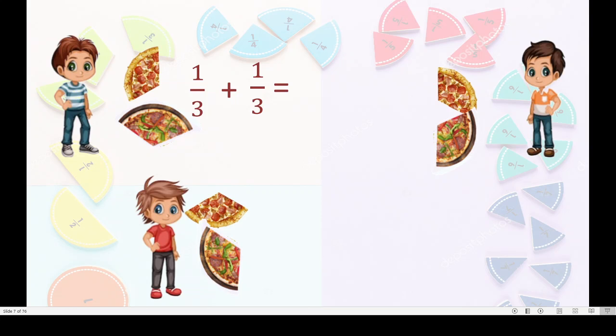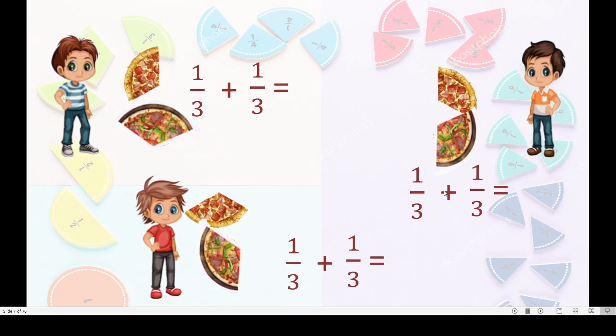Now they are satisfied because all 3 got the same portion, that is 1 upon 3 plus 1 upon 3, right? Because in the first pizza we made 3 parts, in the second pizza also we made 3 parts. From each pizza this boy got 1 piece. So 1 upon 3 plus 1 upon 3. You know the answer. What is the total portion he got? 2 upon 3, isn't it?